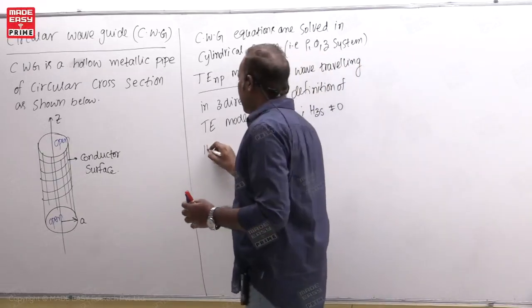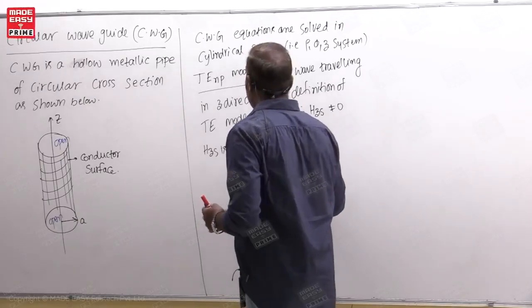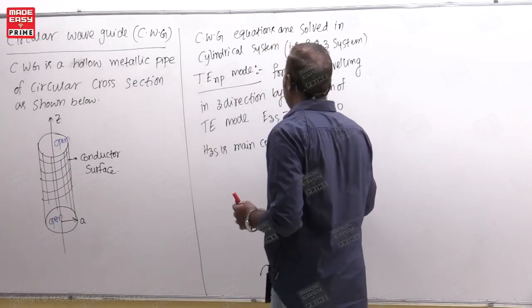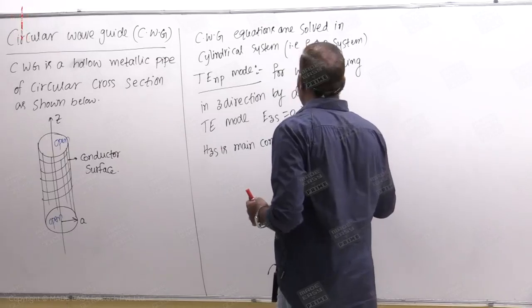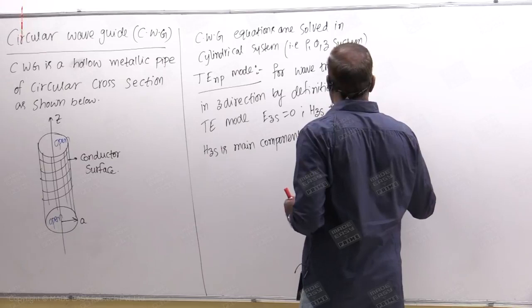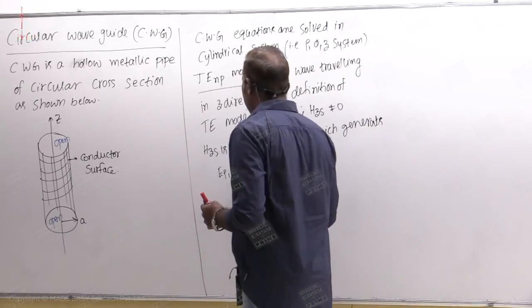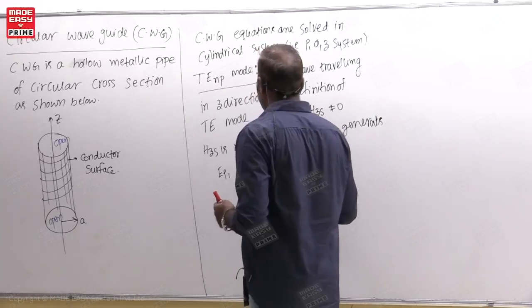So here Hz is the main component which generates E rho, E phi components.